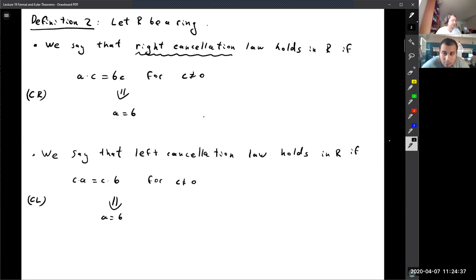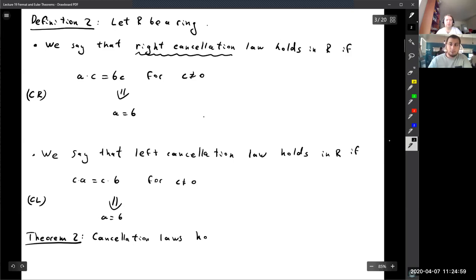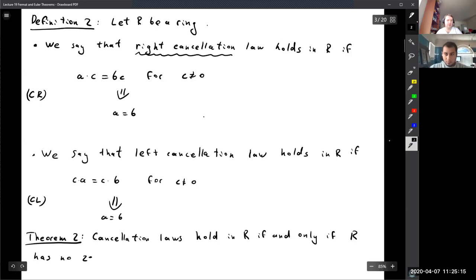Now there is a beautiful theorem, so it will be theorem 2 today, that cancellation laws hold in R if and only if R has no zero divisors.